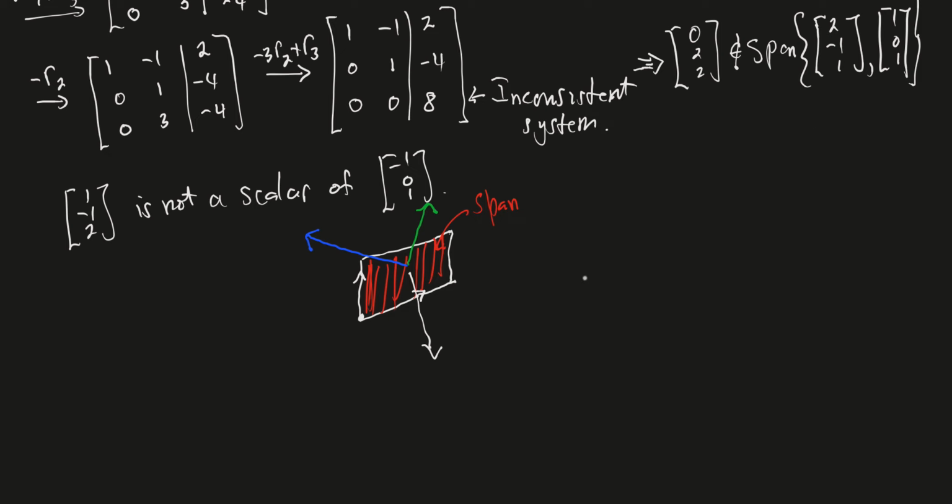So part B is this vector. So let's say 5, -2, 3. Is this vector in the span of those two? The span of S?